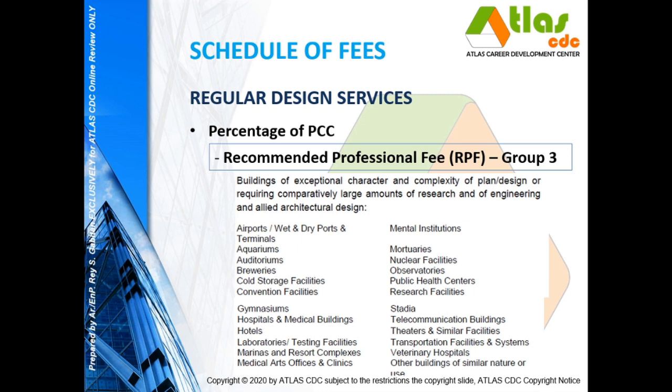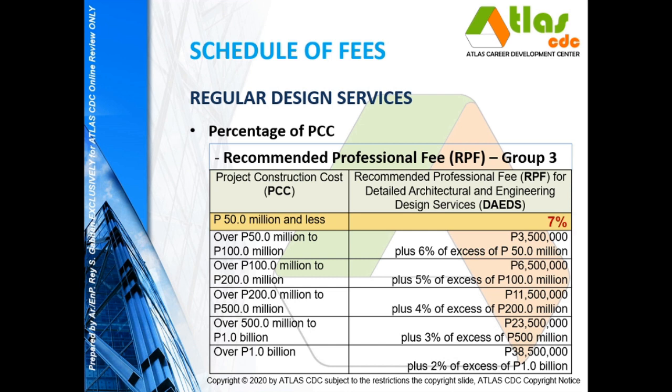And the like, no? So pag meron mga ganong klaseng special equipment na gagamitin sa loob, and also that the building will have so many rooms like hotels, no? So maraming partitions, then that is under group 3. And so for group 3, the recommended fee for DAEDS is 7% for 7 million and less, and for DADS is 4.2%.